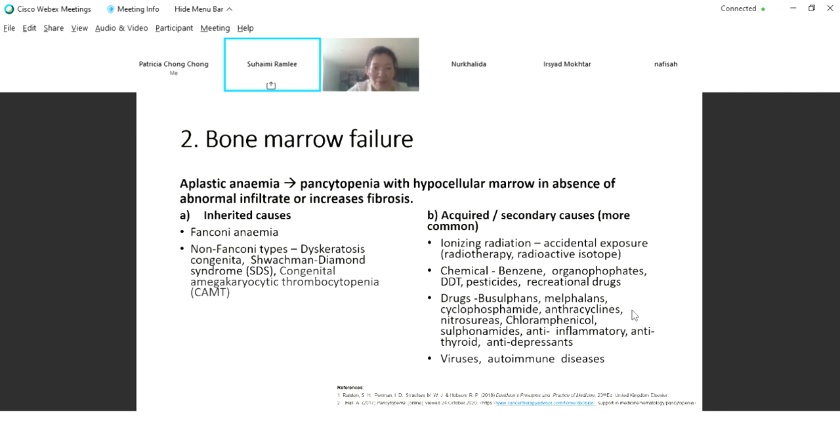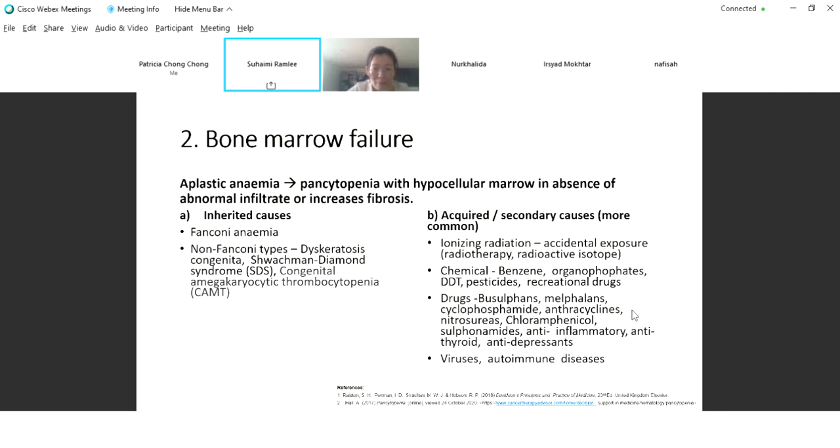So for acquired aplastic anemia, known causes include ionizing radiation, chemicals such as benzene, organophosphate, and drugs including chemotherapeutic drugs, antibiotics such as chloramphenicol, sulfonamide, anti-rheumatic drugs such as penicillamine, gold, anti-thyroid drugs such as carbimazole, propylthiouracil, anticonvulsants, and immunosuppressant drugs.